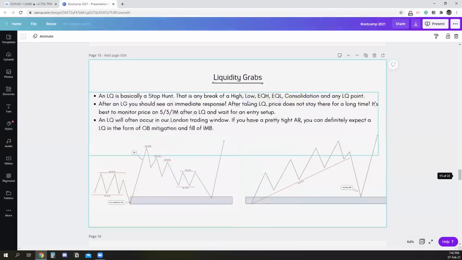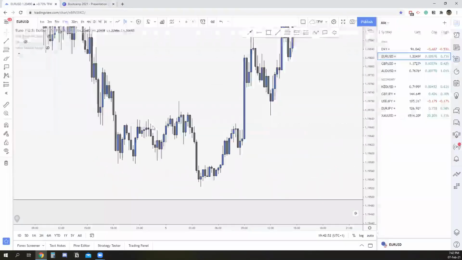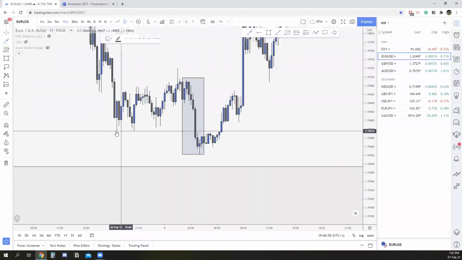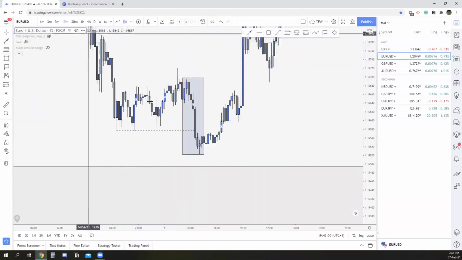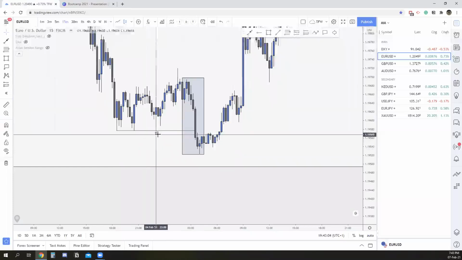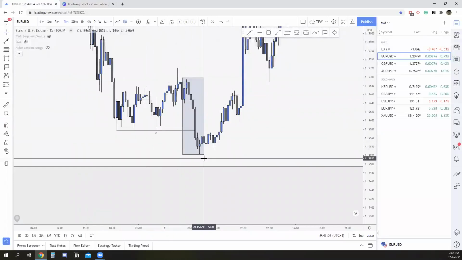This is any break of a high, low, equal low, consolidation, or any liquidity point. So the liquidity grab right there is this move. You can identify this as a liquidity grab, or you can take out those equal lows. I have it there marked as a liquidity grab, like an X. That means that liquidity has been taken and we can go again, right?